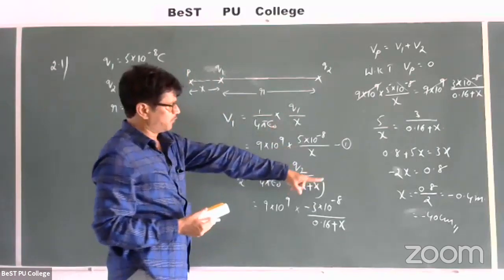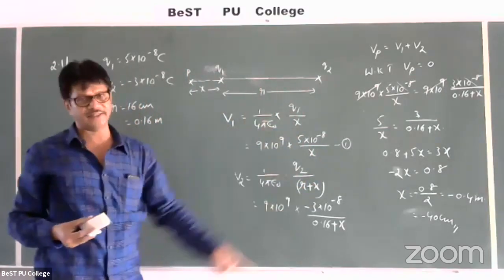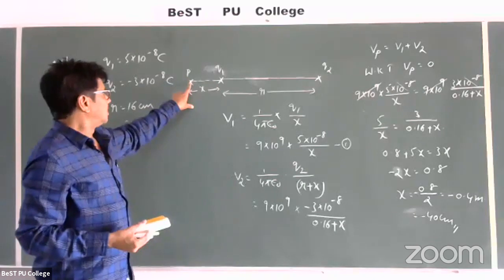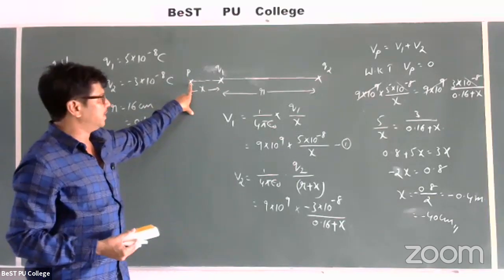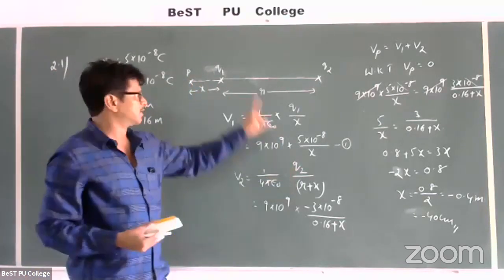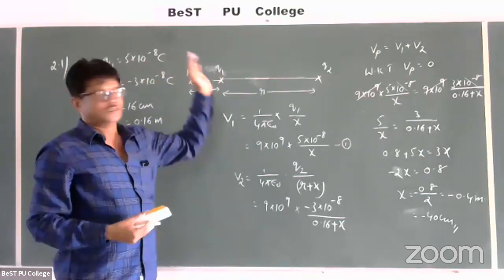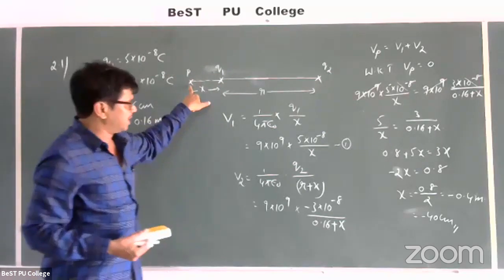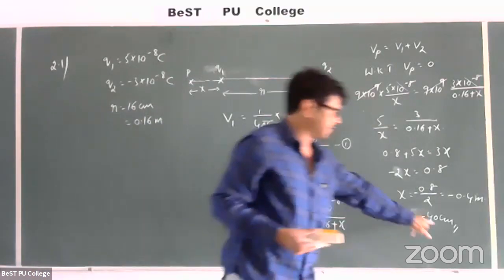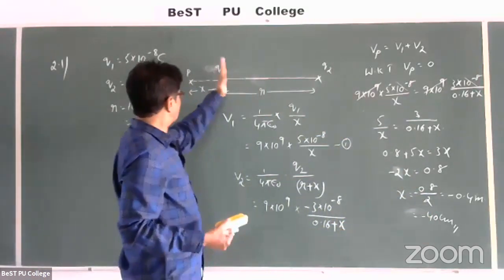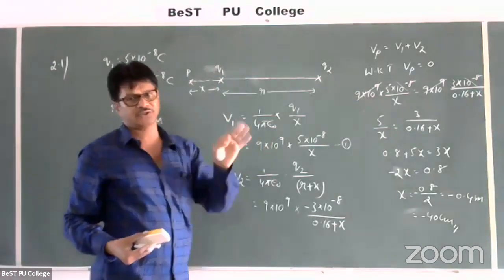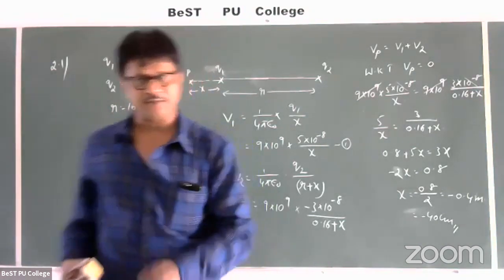So here minus 40 centimeters indicating that the zero potential point will be at a distance of 40 centimeter from Q1 towards its left. Like that, you should write the statement.